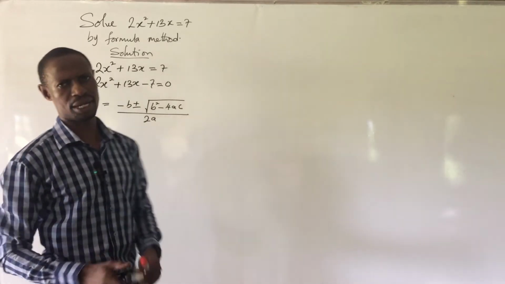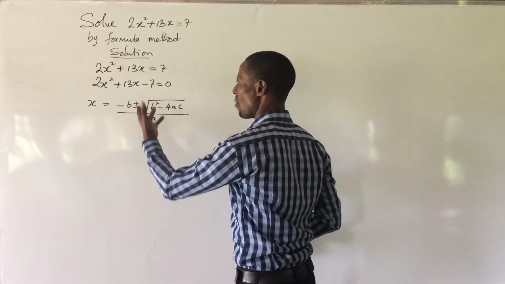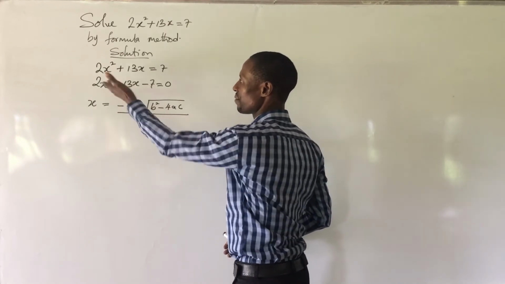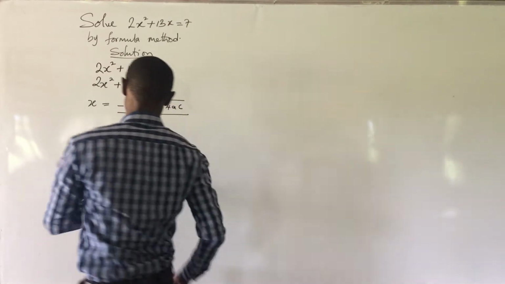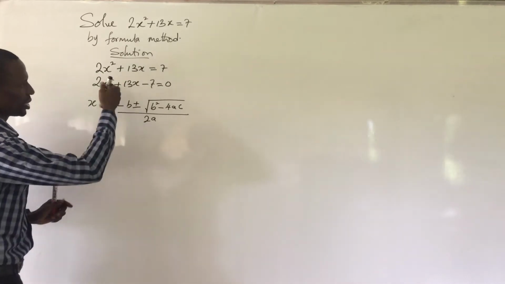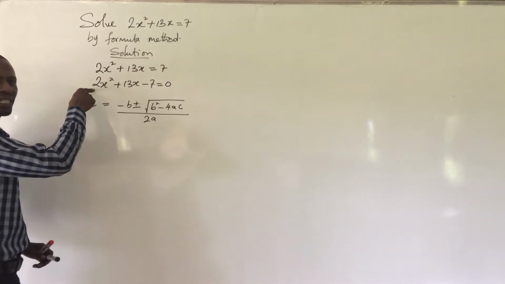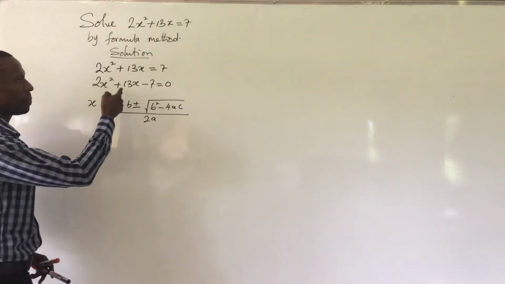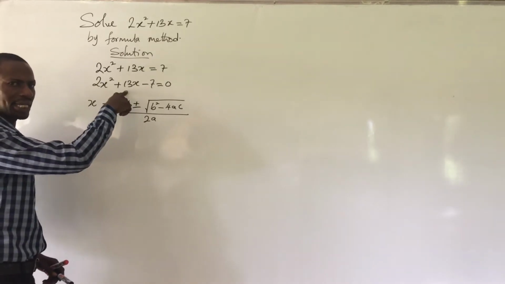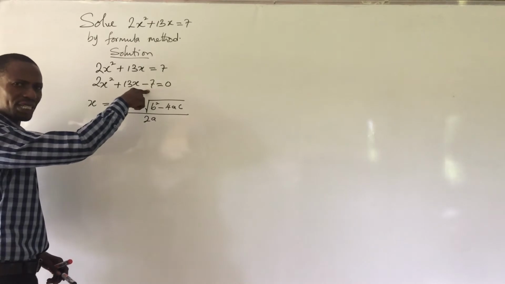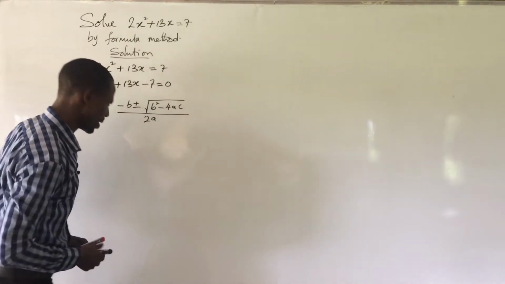Now that we have this, how do we bring out our a, b, c from this place? A from this equation stands for the coefficient of x squared, and b the coefficient of x. Then c is the constant term you have in here.